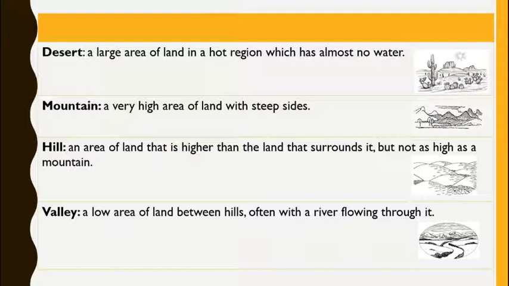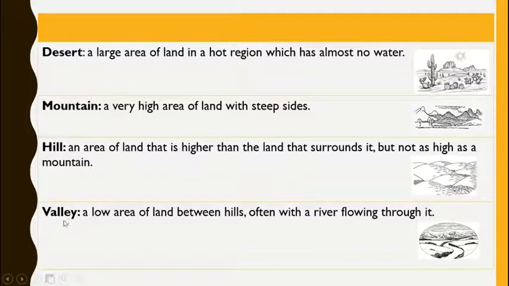And we have a smaller area of land, but not as high as the mountain. Can you see? The hill doesn't have steep sides. Its sides are a little bit curved, not steep. This is the steep side, and this is the curved side. So the hill is smaller than the mountain.